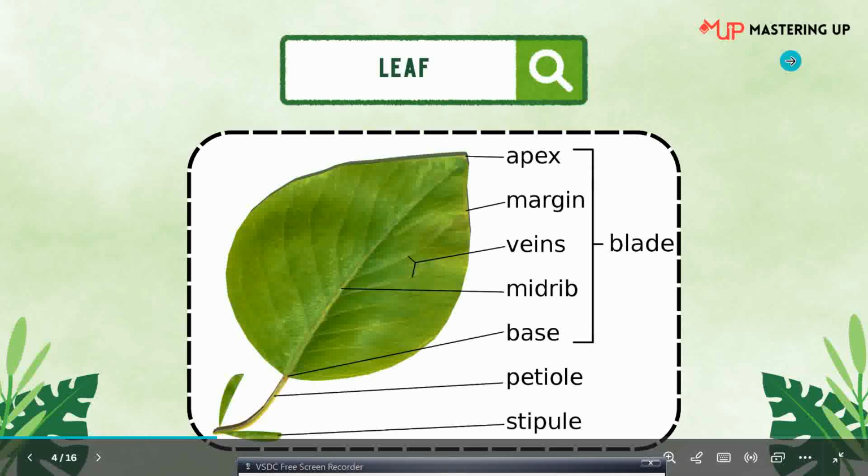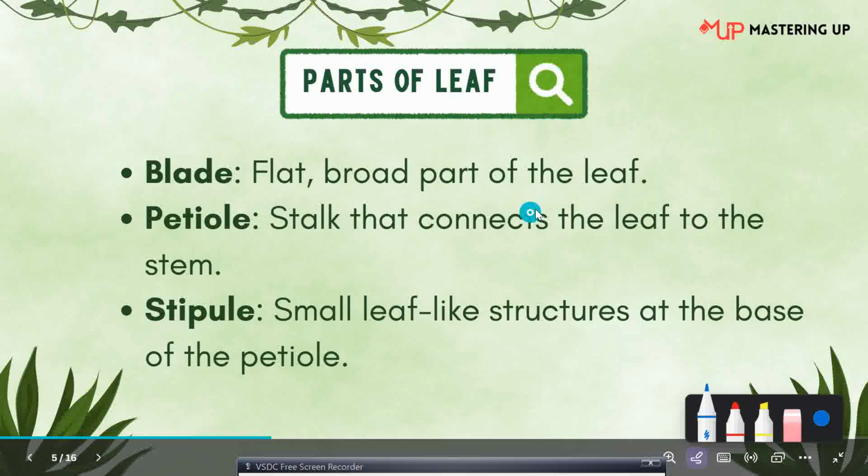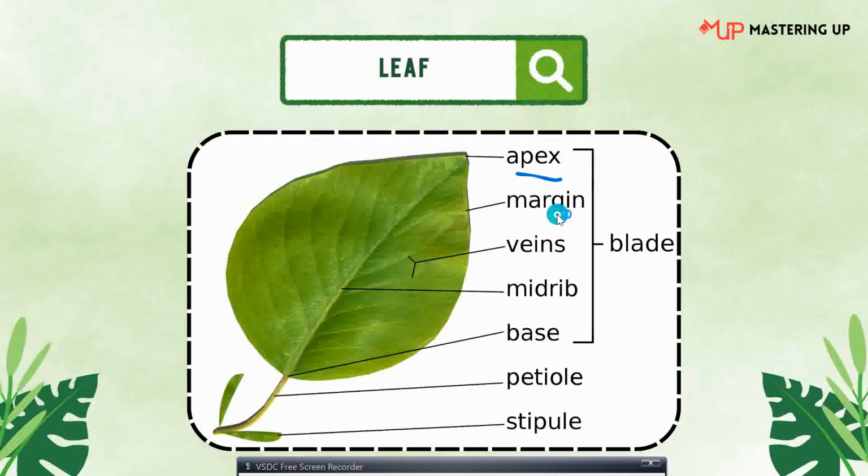So basically this is the structure of the leaf. Here we can see we have the leaf apex, and the margin is present. The margin is where this crease is, that is known as the margin.